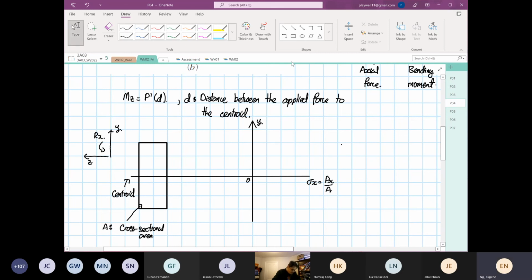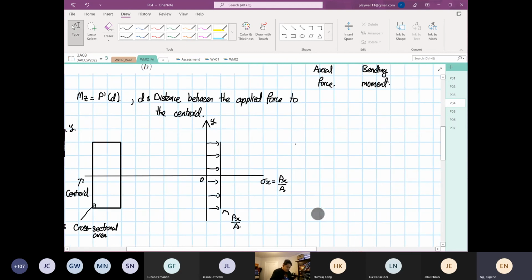What we'll see down here is where we have Px over A. Everything ends over here. This is how we sketch our stress distribution, where we have our Px over A.